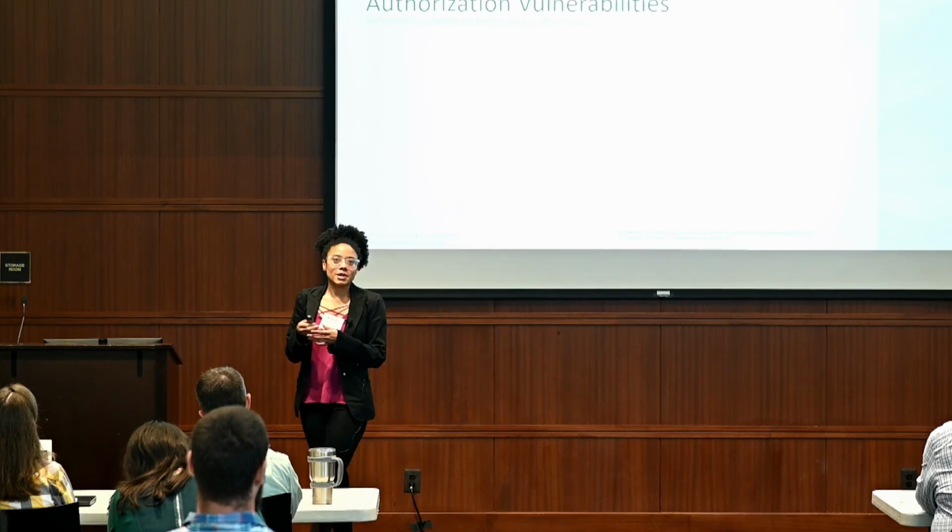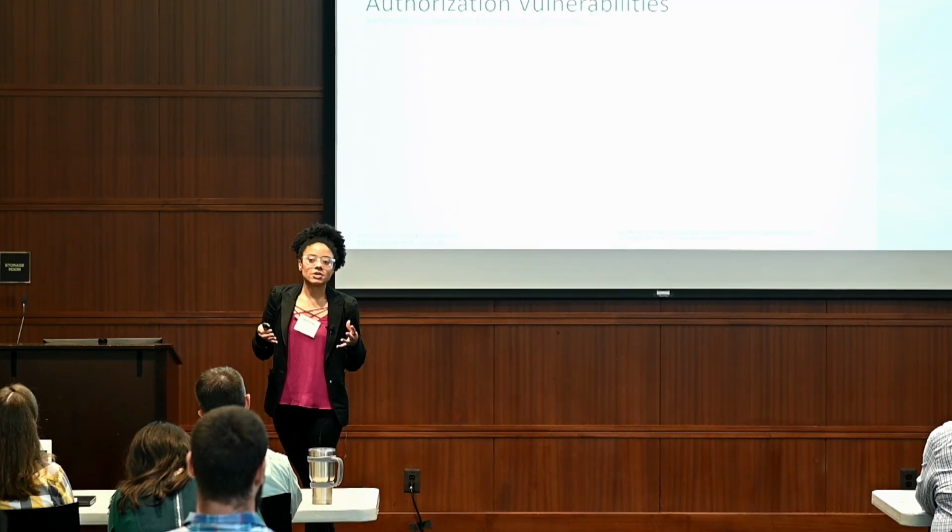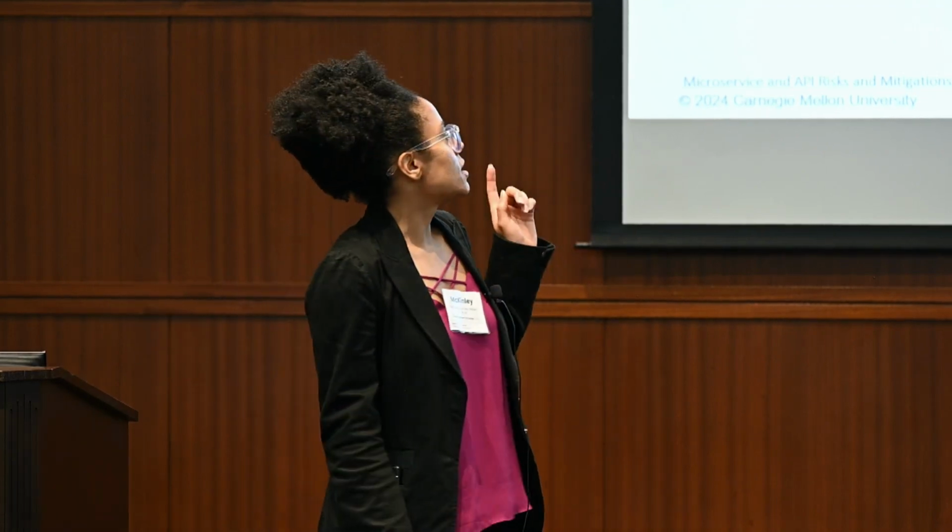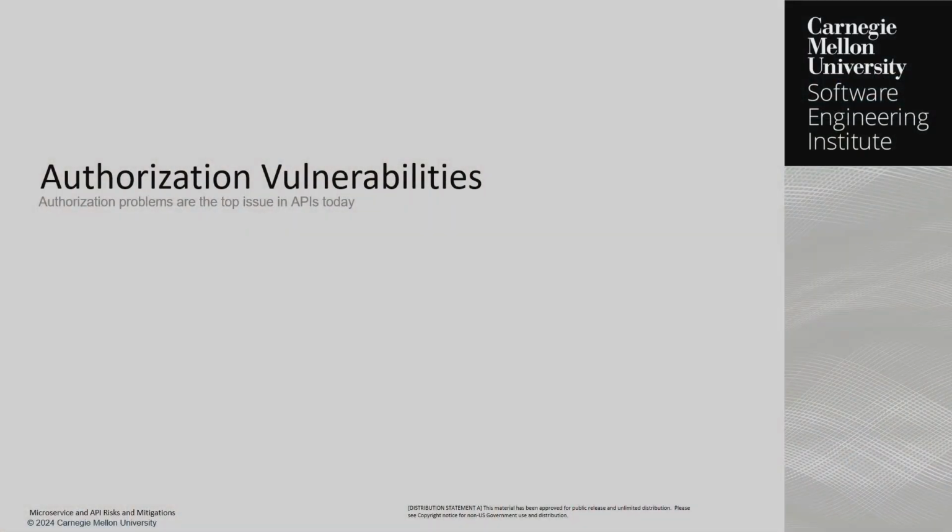So when I thought about what single vulnerability or what subset of vulnerabilities I should talk about, I came to the conclusion that the most important ones would be authorization vulnerabilities. As of 2023, 3 of the top 5 vulnerabilities identified by OWASP for APIs were authorization related, so they're probably the most important subset to talk about. So I'll be going through those three.